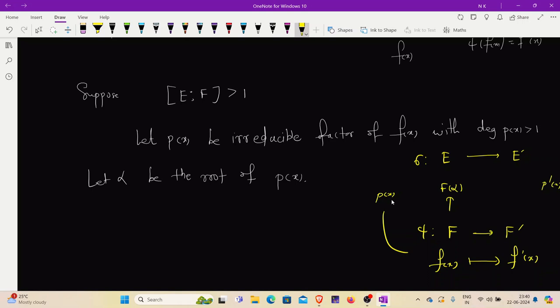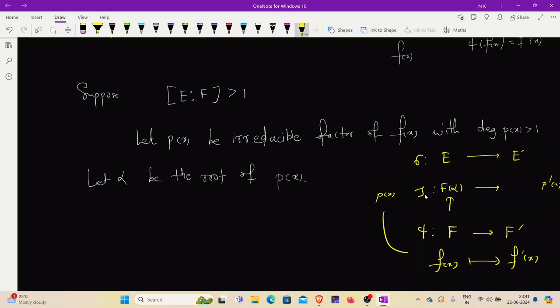And if alpha is a root of p of x, then we can extend this psi to some automorphism, say sigma. Instead of sigma I can say tau, because it's a repeated symbol. So psi can be extended to tau from F alpha, and this tau is completely determined by tau of alpha, because psi has found all the images of elements in F. Alpha is a newly attached element to F, so to define tau, we need to find the image of alpha under tau.